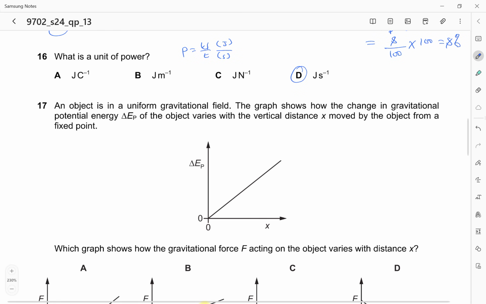An object is in a uniform gravitational field. The graph shows how the change in gravitational potential energy, delta EP, of the object varies with the vertical distance x moved by the object.